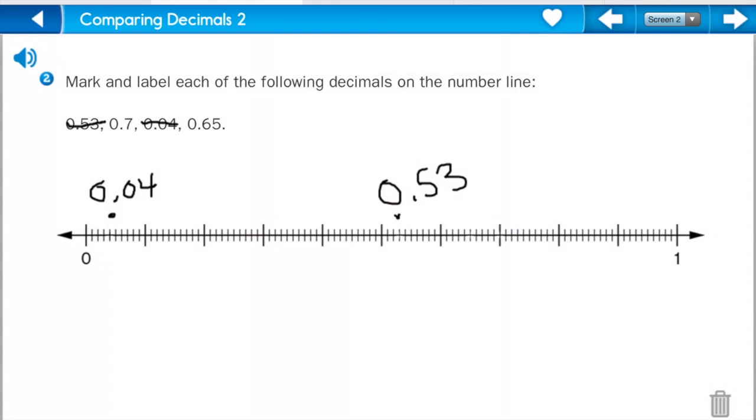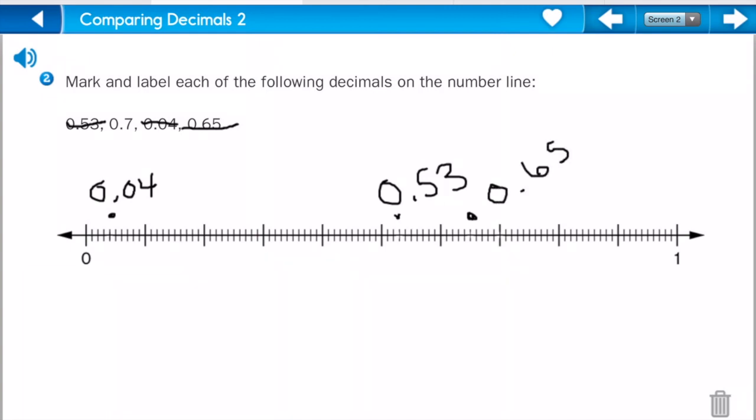Yes, that's right, 0.65. So now we find this 6th dash, and we count over 5 more places. 1, 2, 3, 4, 5. So it's right here. That's 0.65.